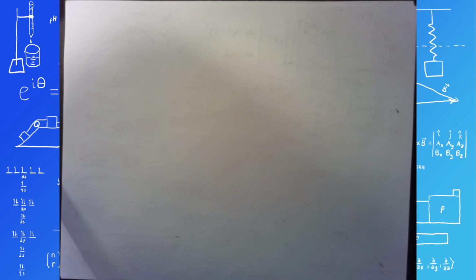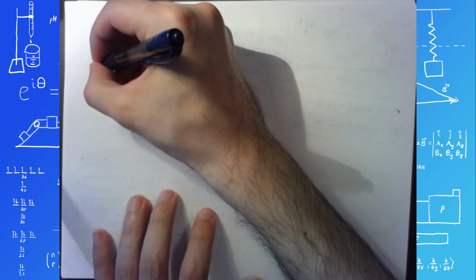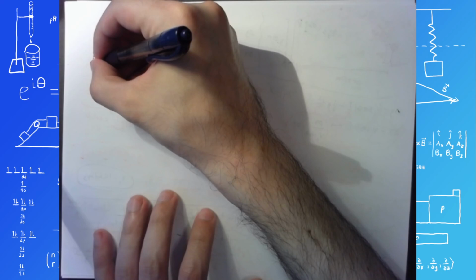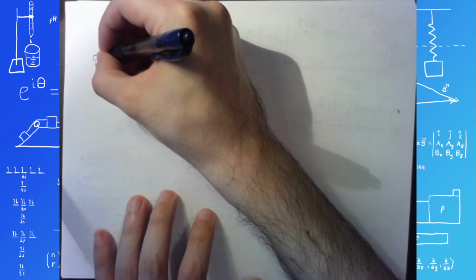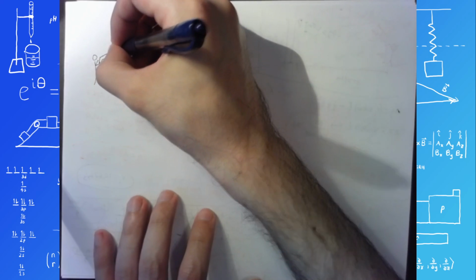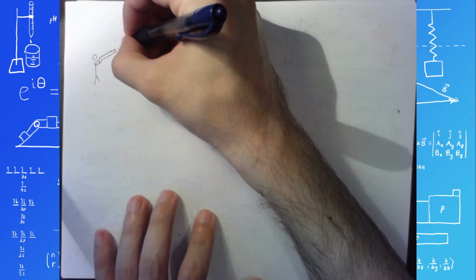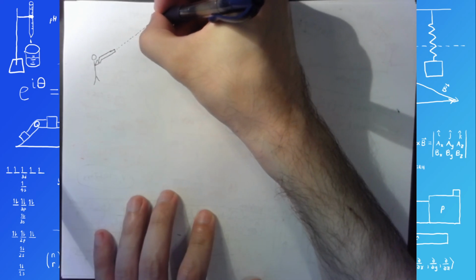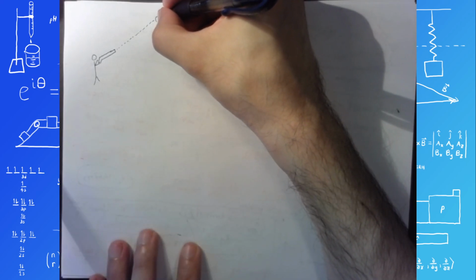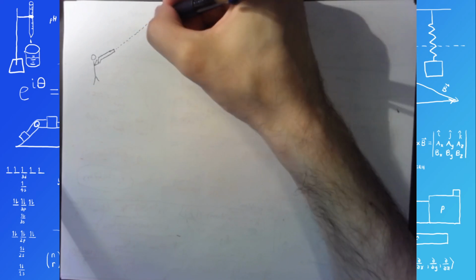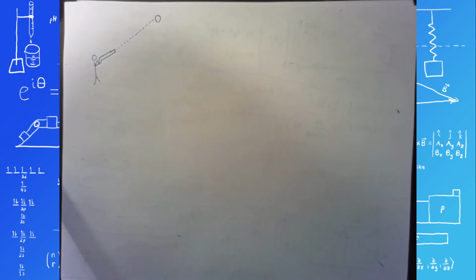This one says, in a very popular lecture demonstration, a projectile is fired at a falling target, as in the figure, and they've drawn a guy holding a gun, holding some sort of rifle, aimed directly at, I guess they drew a ball.